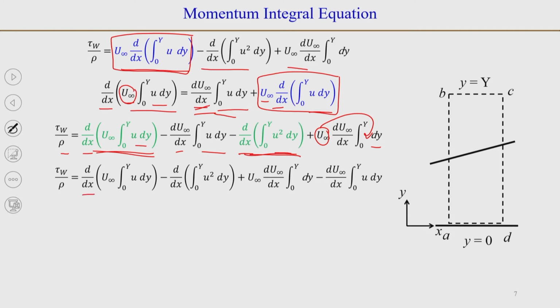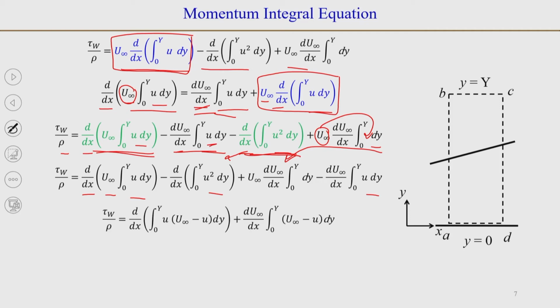So, d by dx of u infinity integral 0 to y of u dy, and the other term d by dx of integral 0 to y of u square dy. Similarly, we can write du infinity by dx into u infinity, so this term comes here, minus du infinity by dx integral 0 to y of u dy, the remaining term.